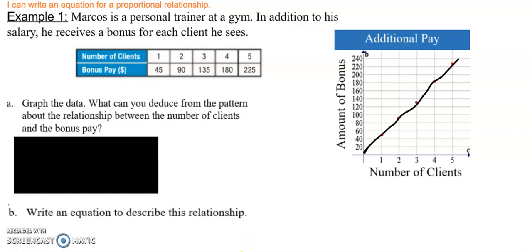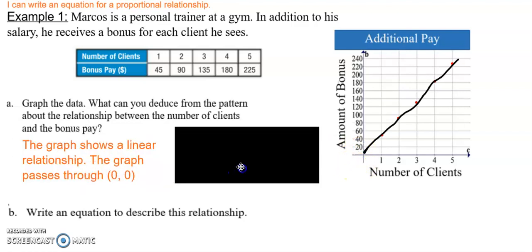Okay, so that means that our relationship is linear. And if we keep that line going, it looks like it passes through 0, 0. So we have a linear relationship that passes through 0, 0. I know my line looks a little crooked.